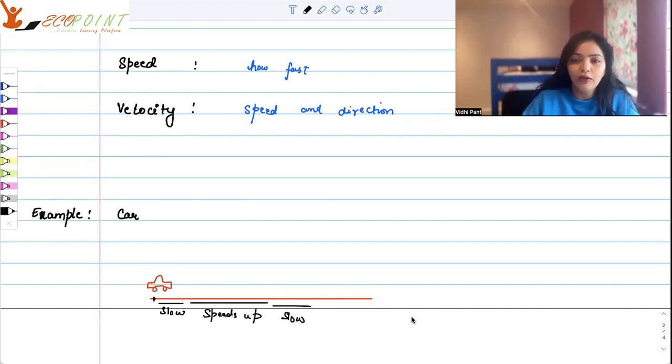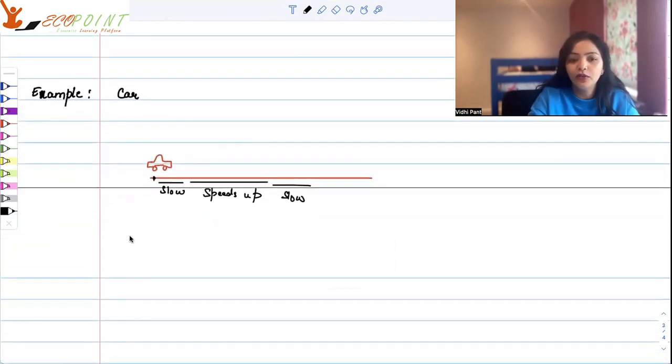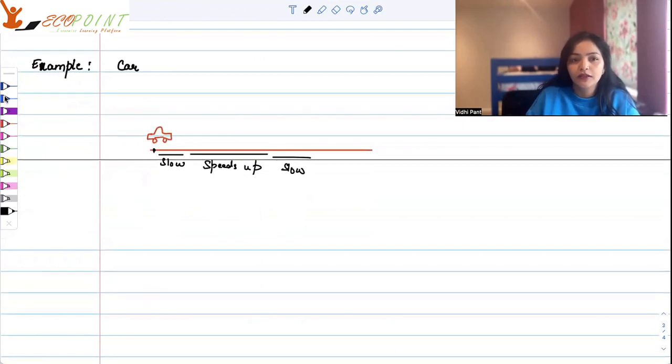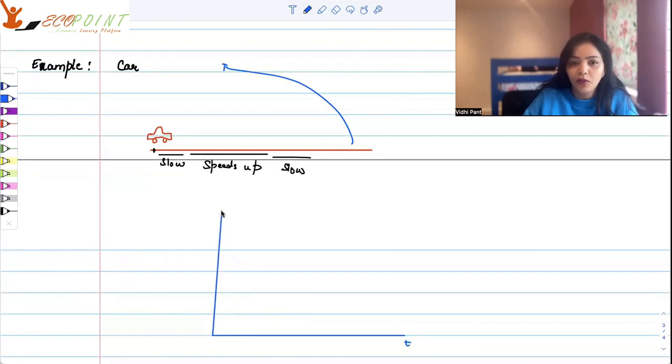Okay. Now, if you visualize this in relation to time, perhaps what we can do is take this idea of speed vertically, and graph it vis-a-vis time. So let's do that. So if we have time here, and we have the way the car is moving here.